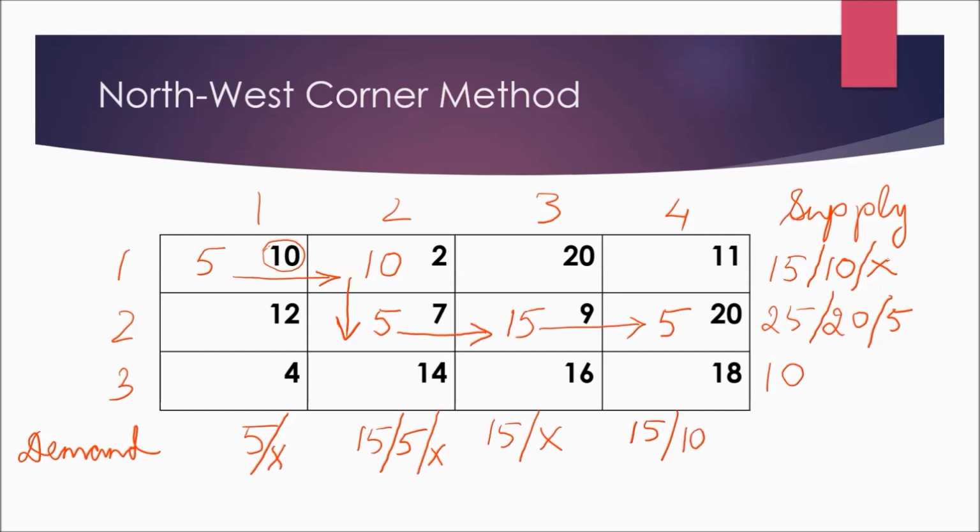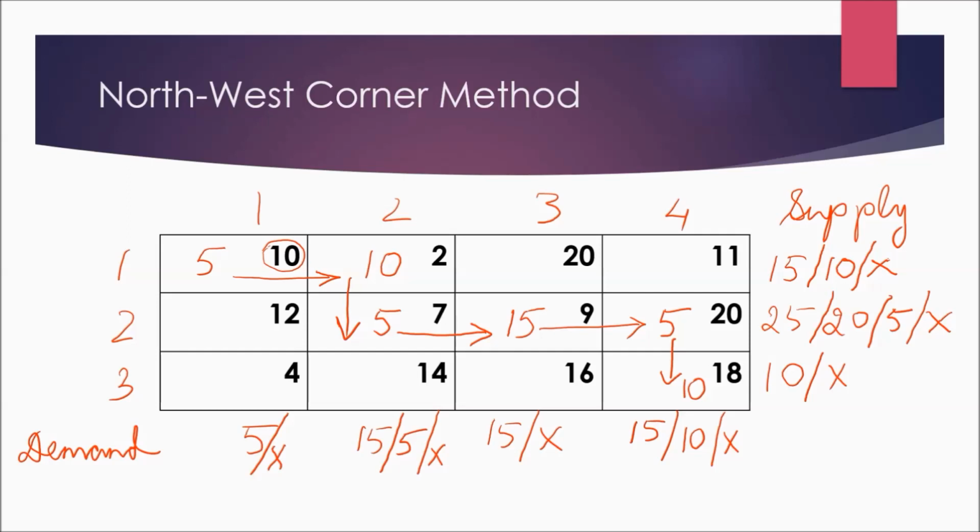Since we have allocated 5 from the second source, the second source is complete. So we have a remaining demand of 10 to be fulfilled. We will come here and we will allocate 10. So the demand of 10 is complete here, and the third source had a supply of 10, which is also complete.